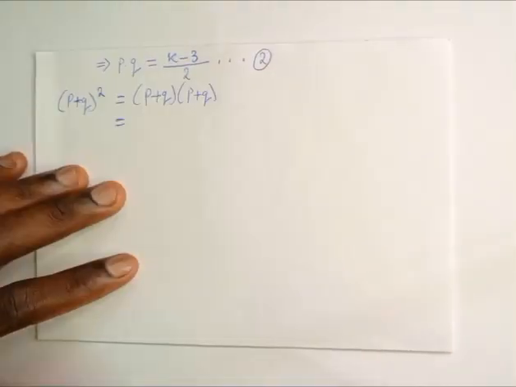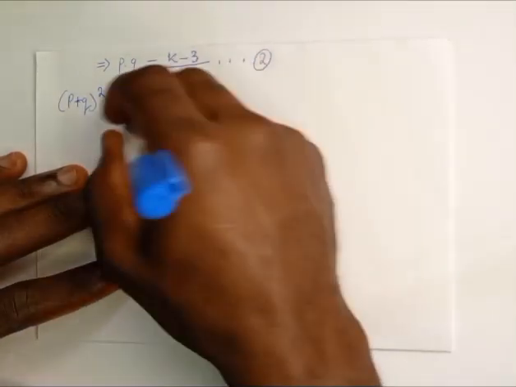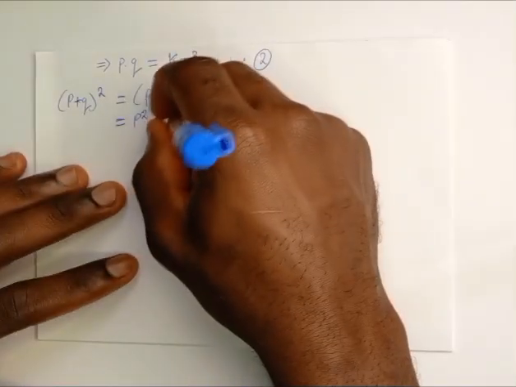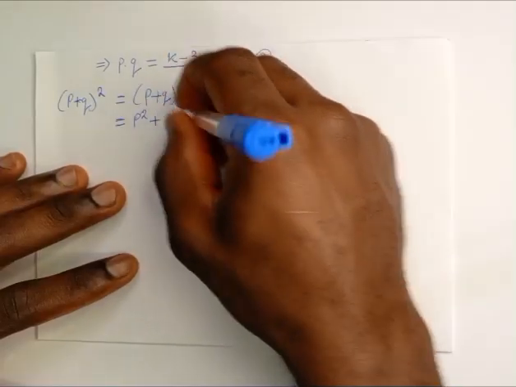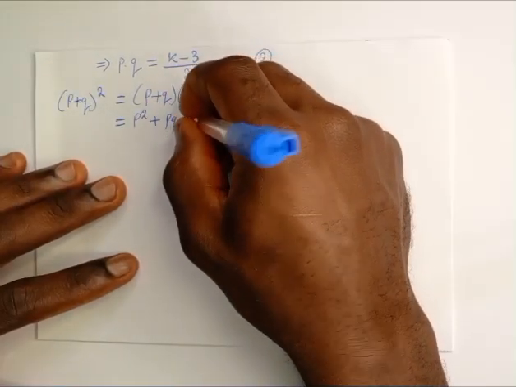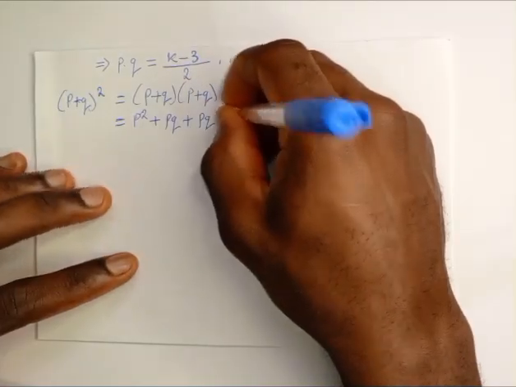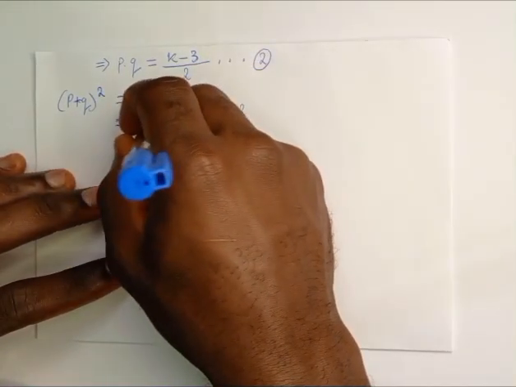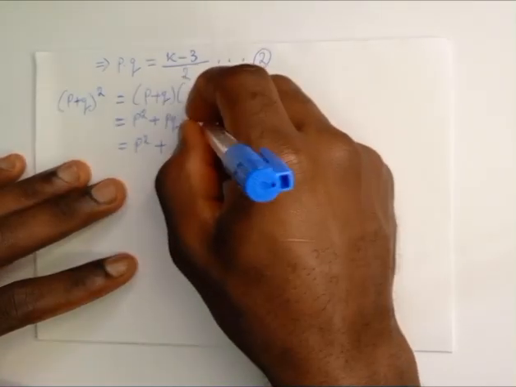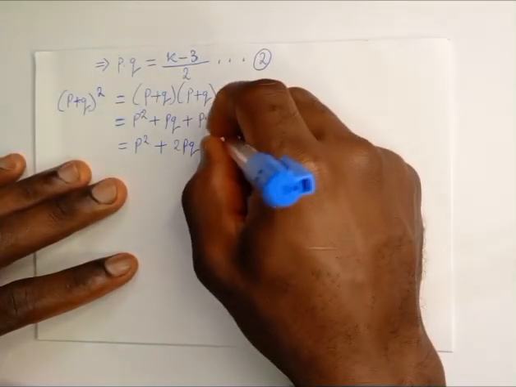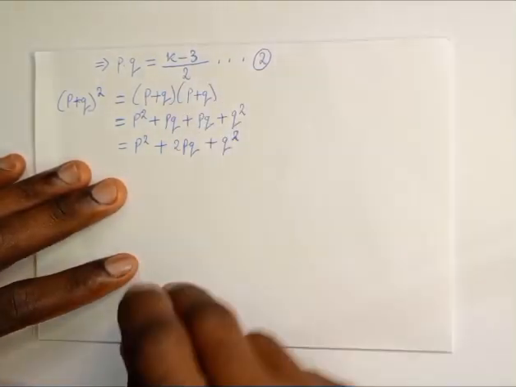This will be equal to p times p gives p squared, plus p times q gives pq, plus q times p gives qp, which is the same as pq, plus q times q gives us q squared. This is the same as p squared plus 2pq plus q squared.